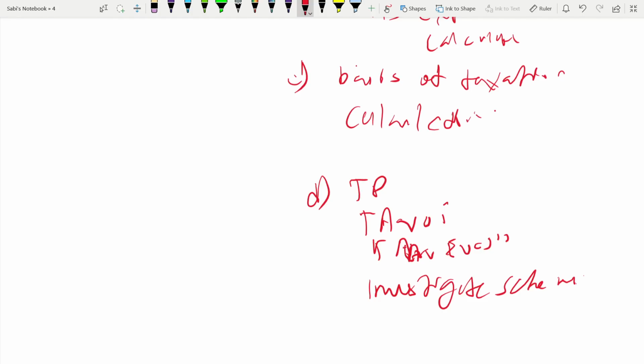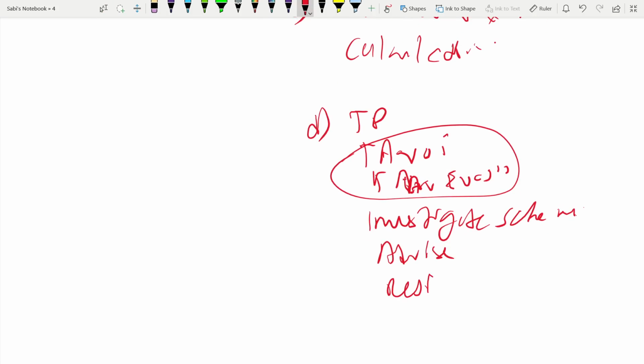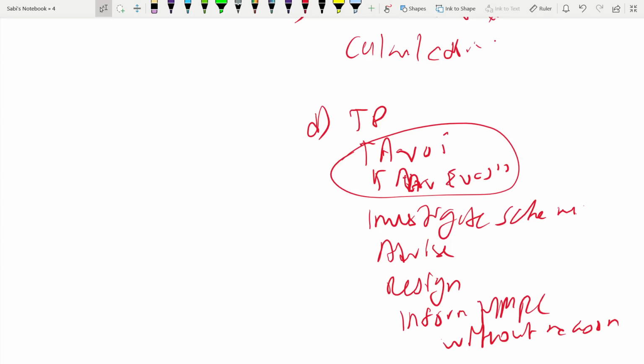Then you have to advise against these two, avoidance and evasion. Then you resign. Then you inform HMRC without reason. This is the order you have to follow for an ethical question. One mark each. And professional skills marks, you are going to get 10 marks.